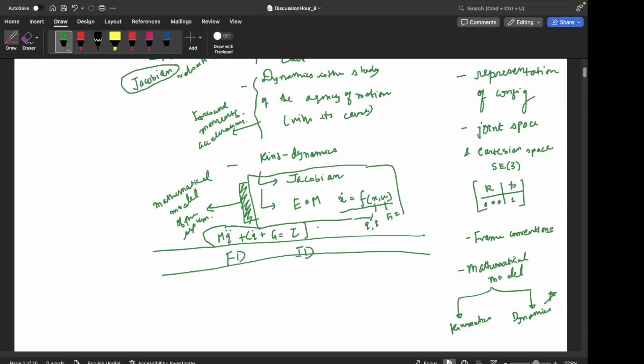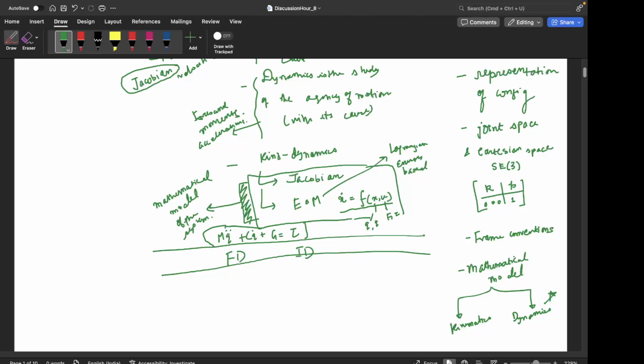And for finding the equation of motion, we saw the Lagrangian approach. It's an energy based approach, right?